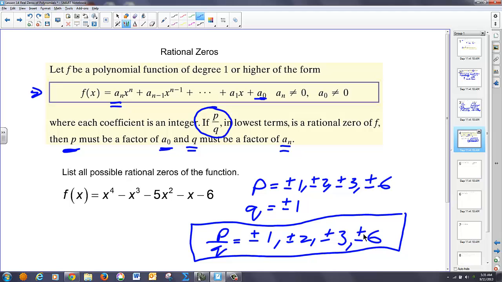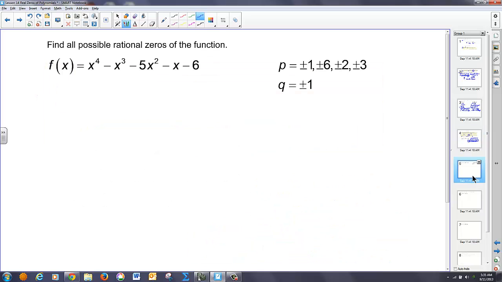So what we're going to do next is actually find those x-intercepts. Once again, here's the same function, and we're going to test some of these to see if they're actual zeros of the function. In other words, are they factors? If they're factors, then they divide evenly in. So let's go ahead and just try 1, because that's an easy multiplication to do.